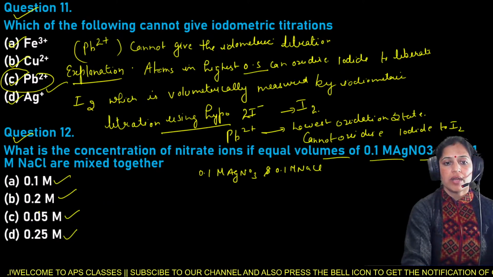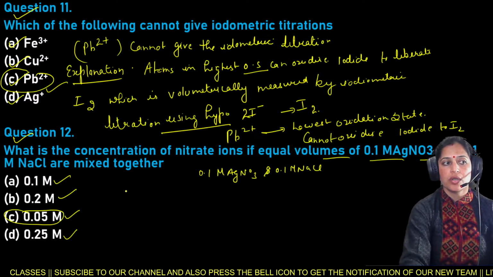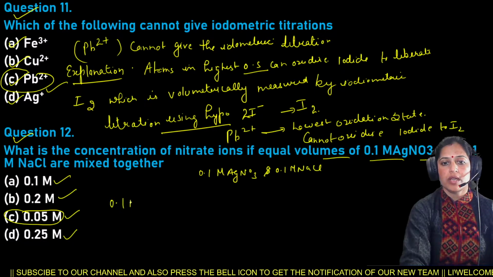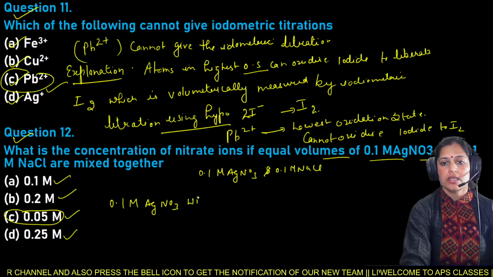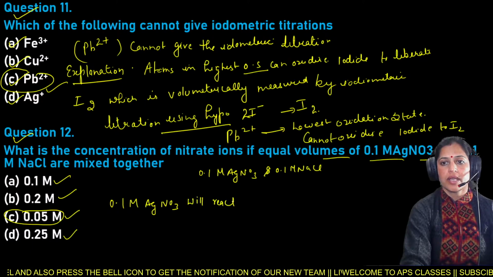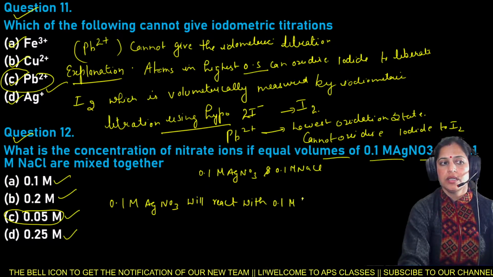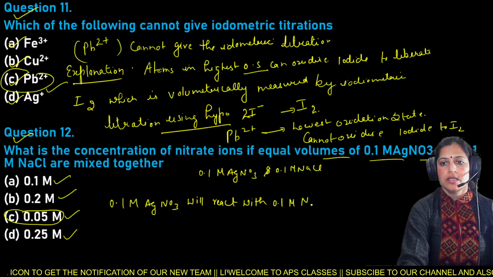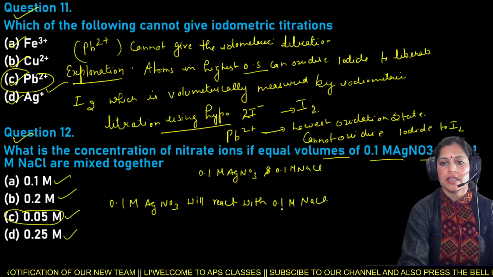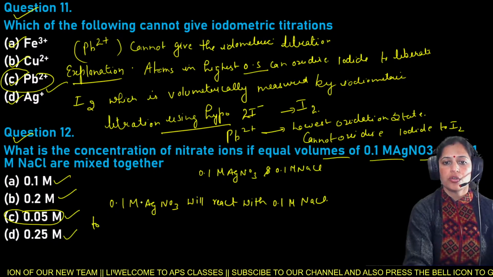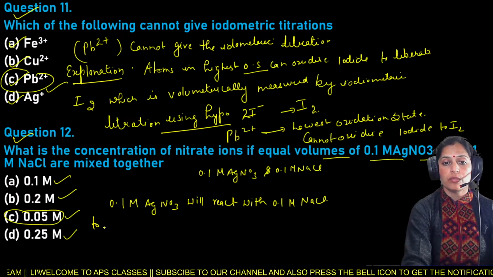So here the right answer is 0.05 mole, because 0.1 mole AgNO3 will react with 0.1 mole sodium chloride.